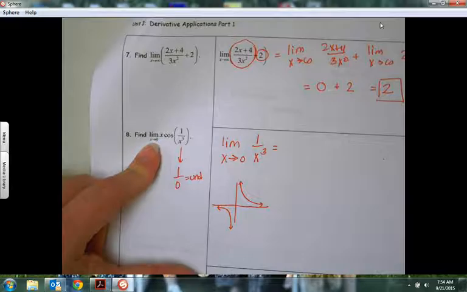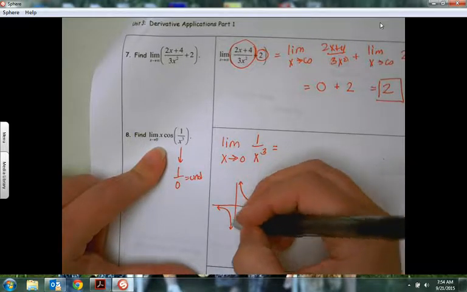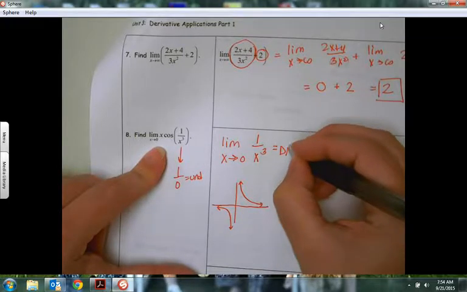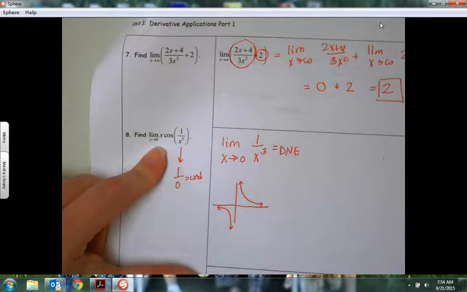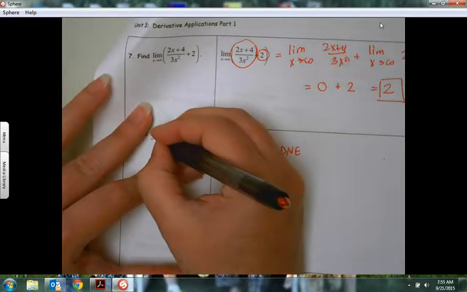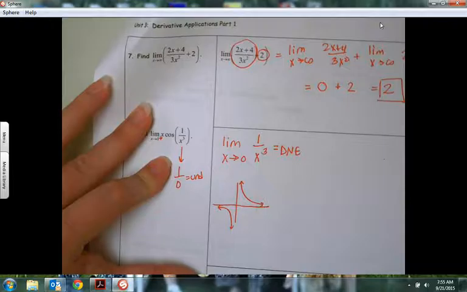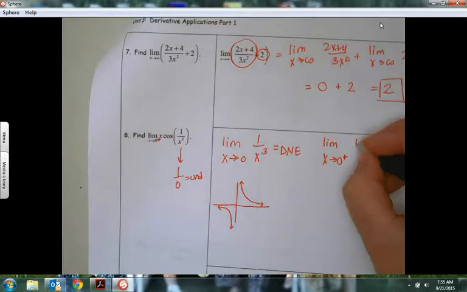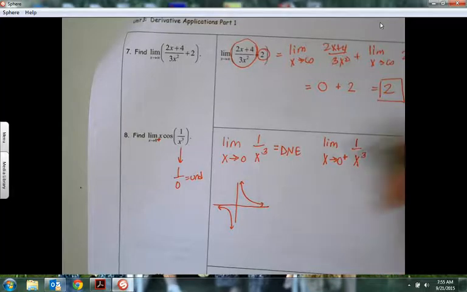So as I go to 0, do I get out the same thing? That's a D and E. So let's just pretend that this said 0 from the right. Otherwise, we wouldn't be able to do this.